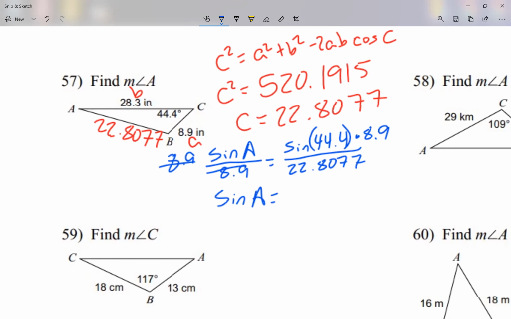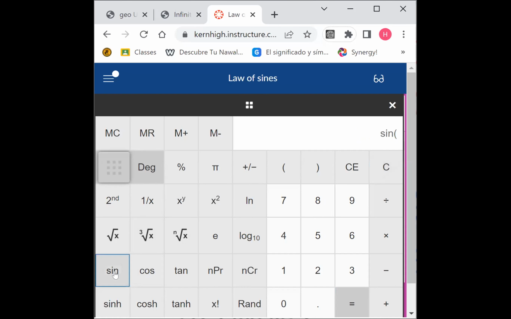Make sure you have that parentheses. So I'm going to have sine of A. All right, let me grab my calculator. Sine of 44.4 times 8.9 divided by 22.8077. There you go. It's equal to 0.2730.